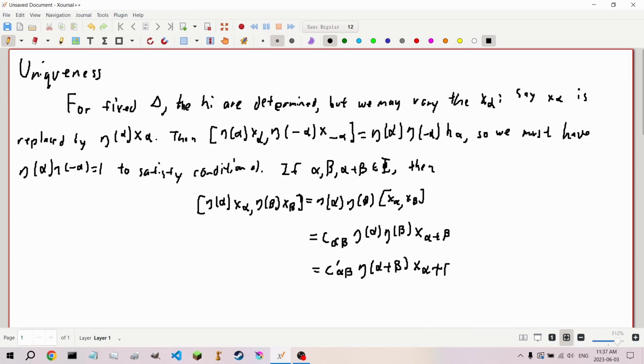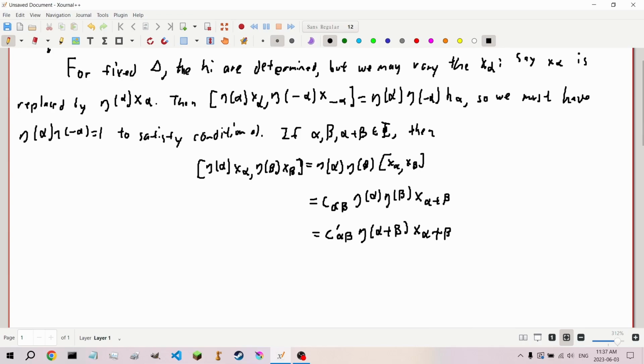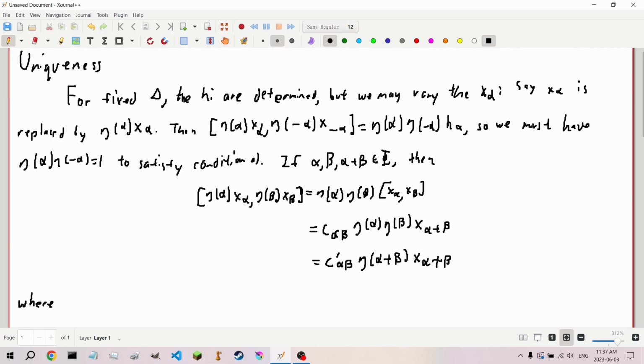You can just tell what c prime is from the fact that this equality needs to hold up, but writing it explicitly, it's c_alpha,beta, our structure constant, times eta_alpha times eta_beta over eta of alpha plus beta.